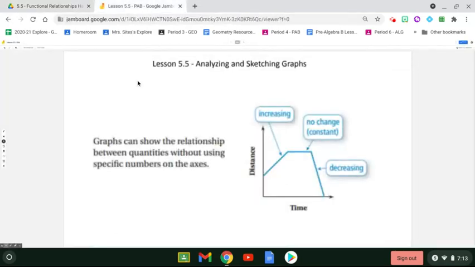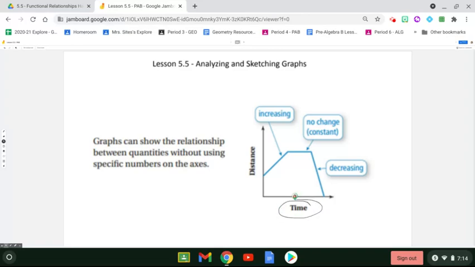All right, so just to remind ourselves from yesterday, graphs can show the relationships between quantities without using specific numbers on the axes. So most of the time, the word time is always going to be on the x-axis, and then we're going to see some other different quantities on the y-axis. But again, that can change, but for the most part, you're going to see time on the x-axis.